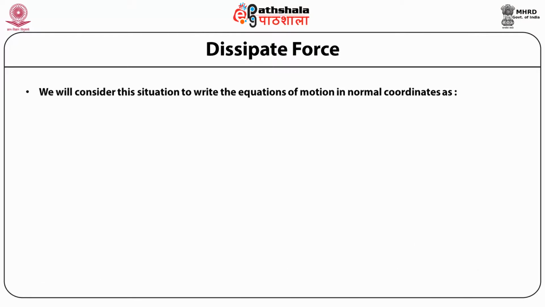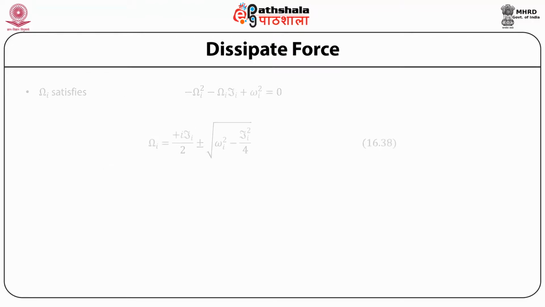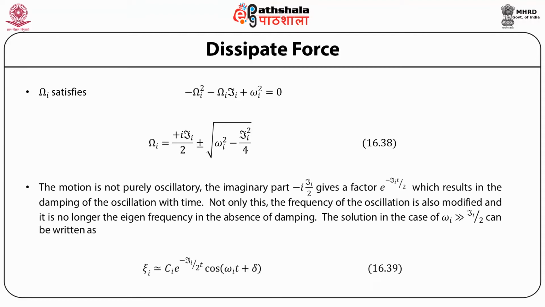We will consider this situation to write the equation of motion in normal coordinates as xi_i double dot plus F_i xi_i dot plus omega_i squared xi_i equals 0, which is the equation of a damped harmonic oscillator and which has a solution of the type xi_i equals C_i exponential minus i omega_i t, where omega_i satisfies minus omega_i squared minus i omega_i F_i plus omega_i squared equals 0, which can be solved for omega_i. What we find is that the motion is not purely oscillatory.